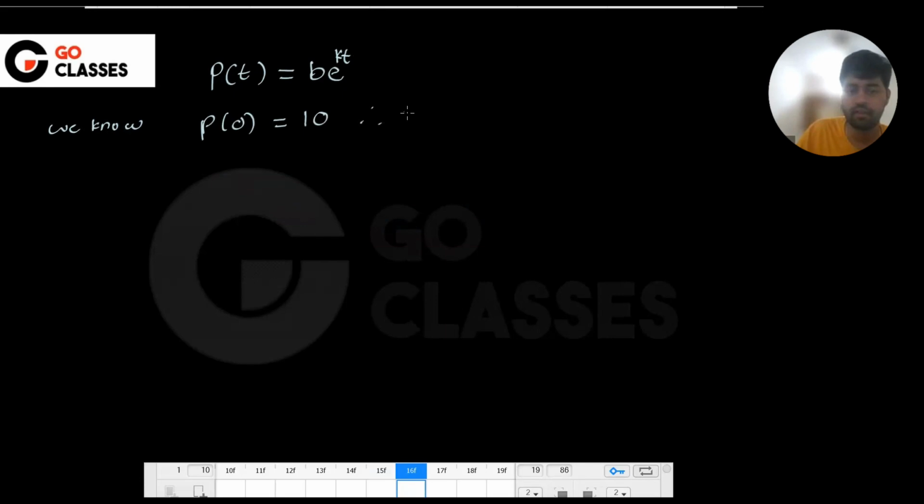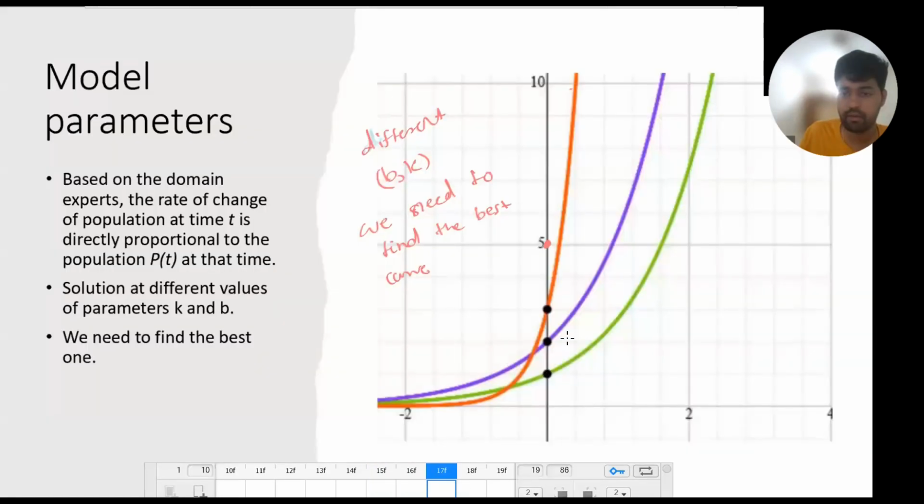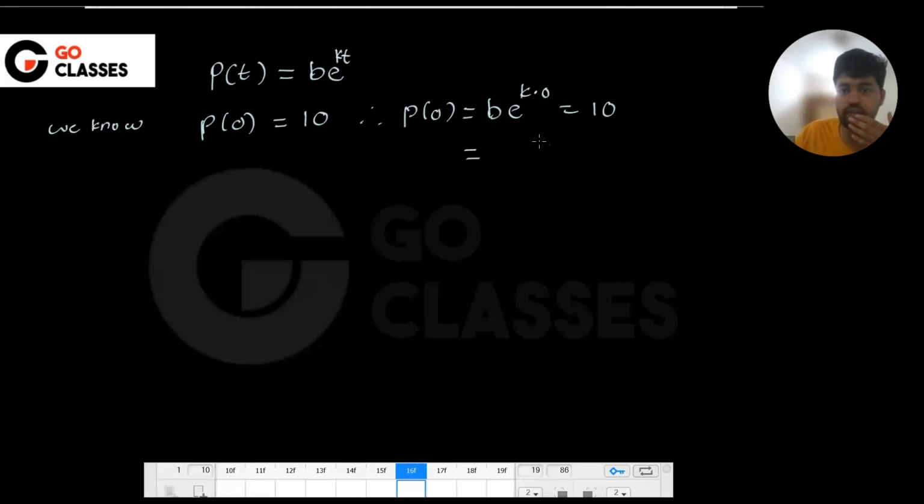Therefore, P of 0 is equal to B into e raised to k0, which again is 10, right? That's the data that we have. Sorry about that, it's at 0 here, 10. This is the point. Anyway, e raised to 0 is basically 1, so that means B is equal to 10. So this is my first parameter.